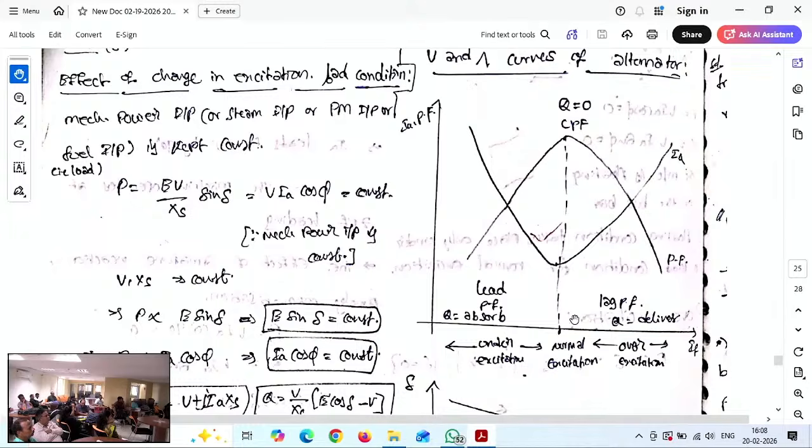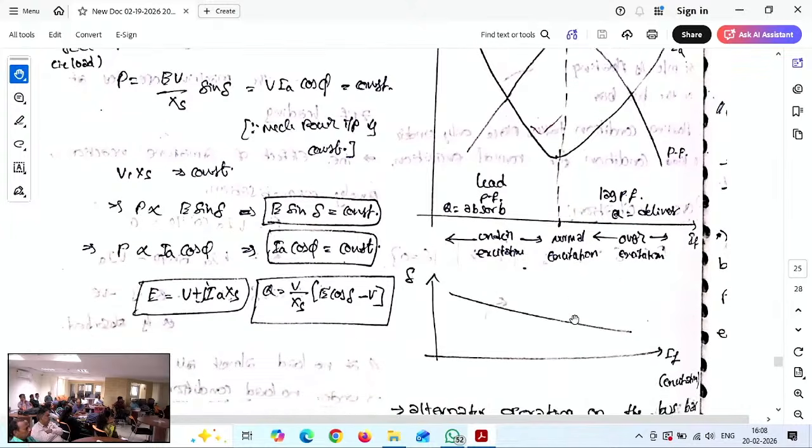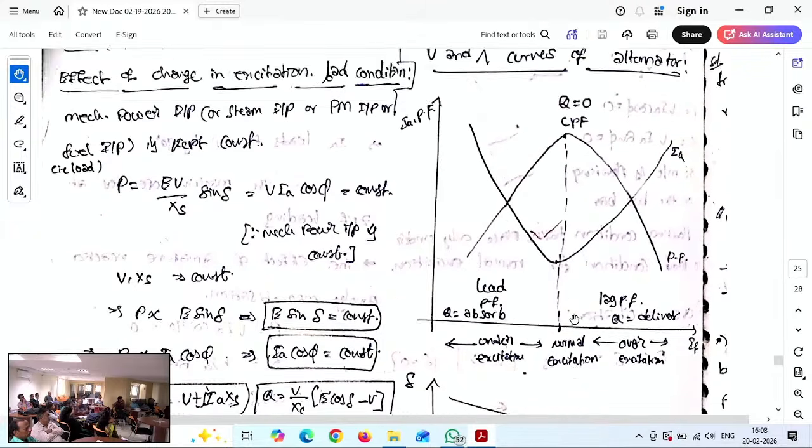Terminal voltage V is constant, synchronous reactance is constant. When these two are constant, P is directly proportional to E sin delta, from E V by XS sin delta. V and XS are constant, so P becomes constant. Now Q is equal to V by XS, E cos delta minus V.